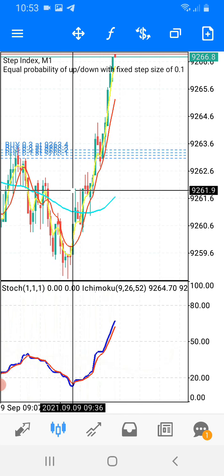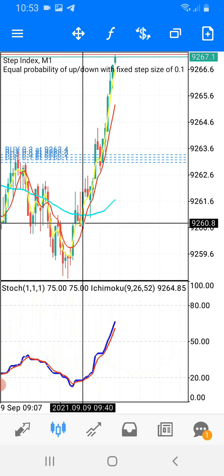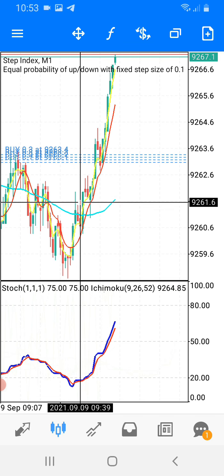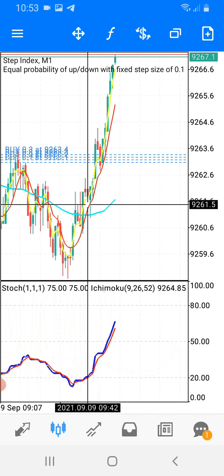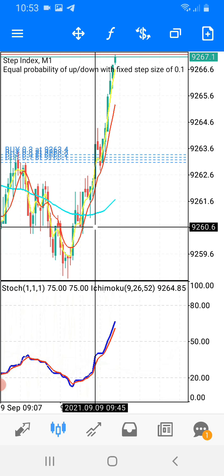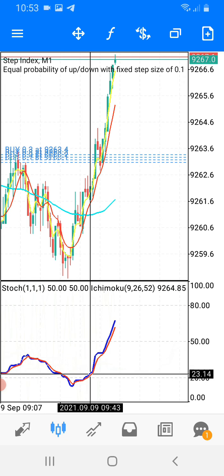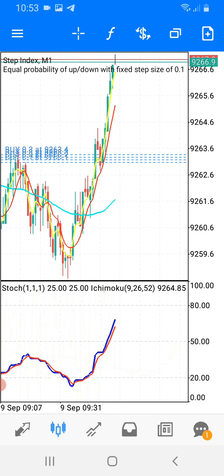That's condition 1. Condition 2 is that the yellow moving average has to be above the red moving average. Then condition 3 is that this moving average should be at the oversold level for a buy position.